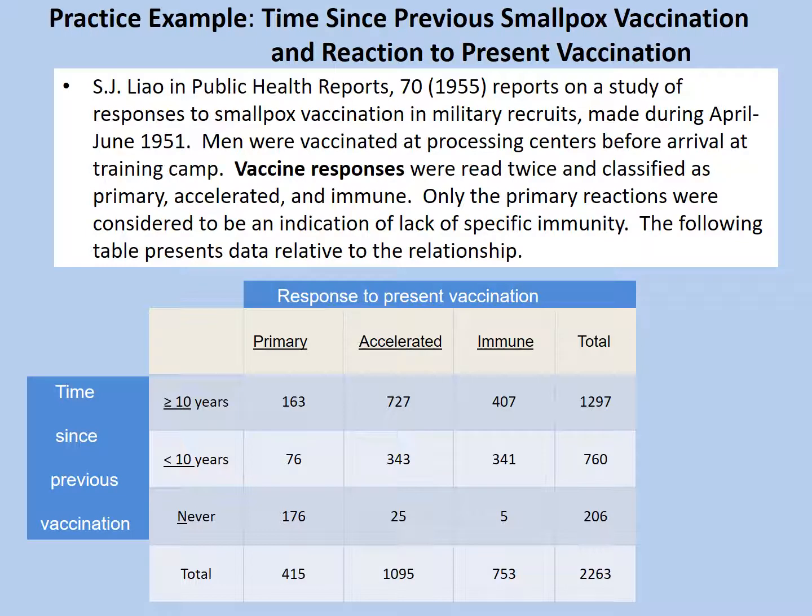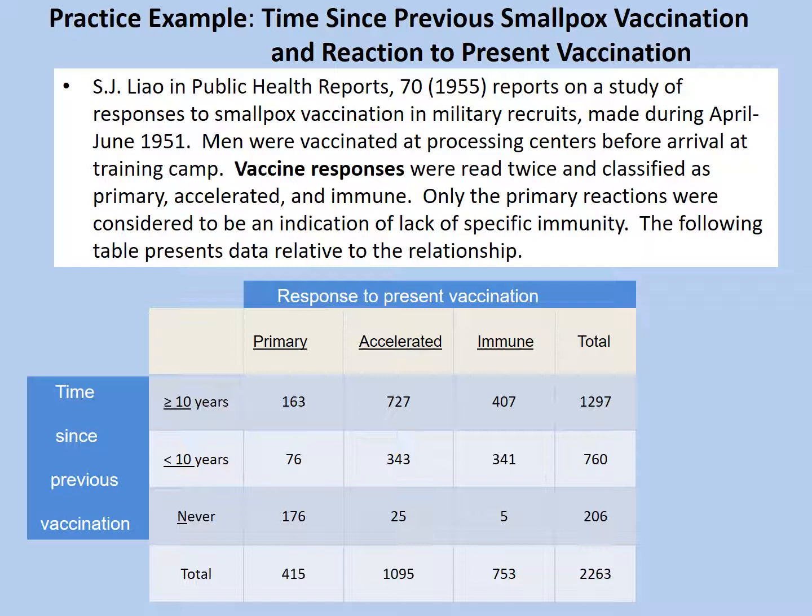To introduce the practice problem here, we provide a two-way classification table derived from a 1955 study by S.J. Liao in Public Health Reports on responses to smallpox vaccination in military recruits made during April and June 1951.